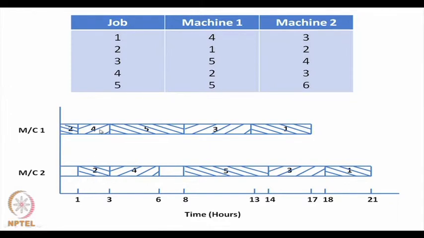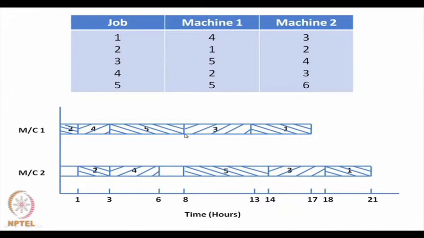By that time, machine 1 is taking up job 4, which takes 2 hours. Job 2 also requires 2 hours. So, simultaneously at the end of 3 hours, both machine 1 and 2 are free to take up the next work. So, machine 2 takes up job 4, because by that time machine 1's work on job 4 is complete, and work on job 5 can start on machine 1.